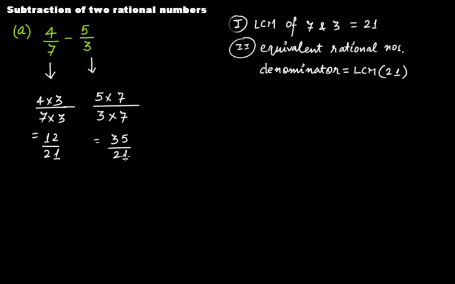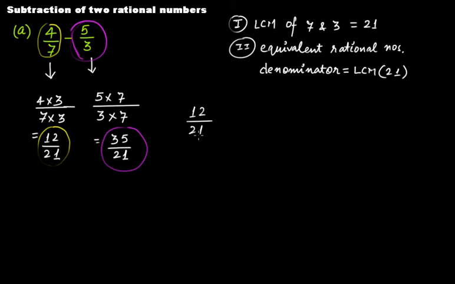Right? So 12 over 21 is the equivalent rational number of 4/7 such that the denominator is 21, and 35 over 21 is the equivalent rational number of 5/3 such that its denominator is 21. Okay, now you have to subtract these two. 12 over 21 minus 35 over 21.